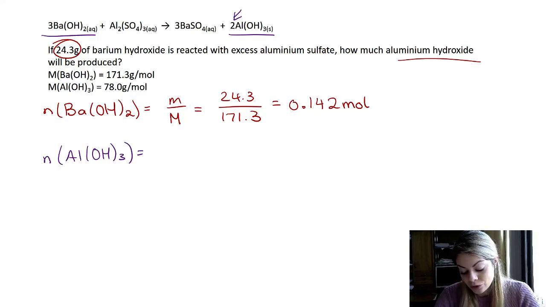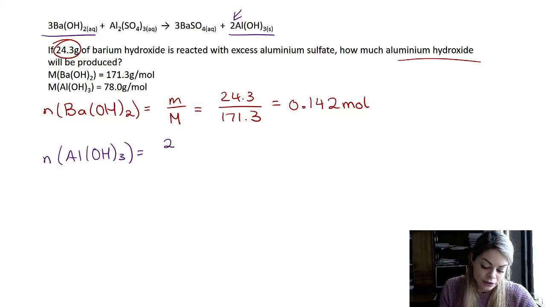So the way that we do it is we times by the one that we're finding out how much there is. So I want to know the number of moles of aluminium hydroxide. So I times by the 2 that's at the front of aluminium hydroxide, and I divide by the one we already know. So I'm coming from barium hydroxide, so I'm going to divide by 3.